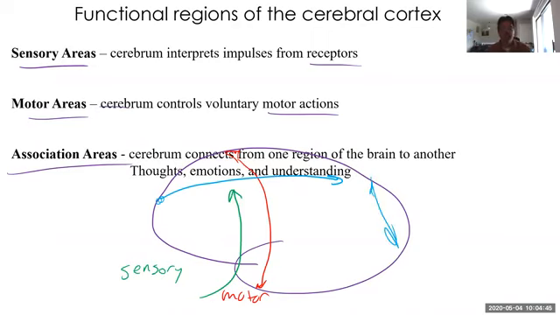These areas that are not going out of the central nervous system, that are completely in the central nervous system, these are the association areas. So these are the parts that are responsible for your thoughts, emotions, higher intellect, critical thinking, things like that. They're not really sensory or motor. They're completely composed of what we call the interneurons. I don't know if you guys remember interneurons, but interneurons are those completely in the central nervous system.